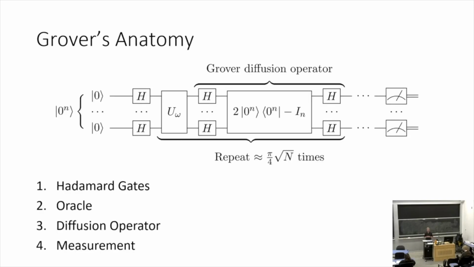So if we look at the quantum circuit for Grover's algorithm, it looks a little bit different than what we've seen before. We just have a single n-qubit register. Our qubits are all starting in the 0 state, the ground state. We apply a Hadamard gate, and so all of our qubits are in a superposition.